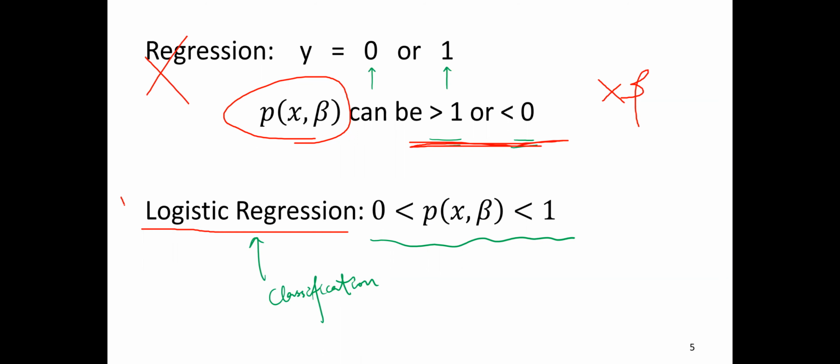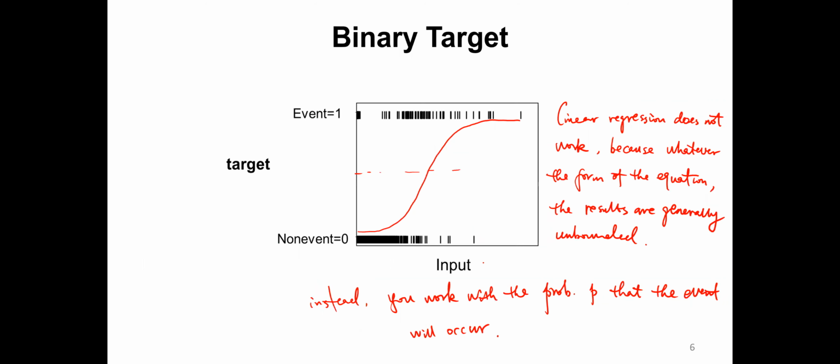That's why we are developing a logistic regression model to predict the probability of having a malignant cancer. This is our new formulation, logistic regression for a classification problem. For a binary target, we don't want to use a direct line to fit the data.